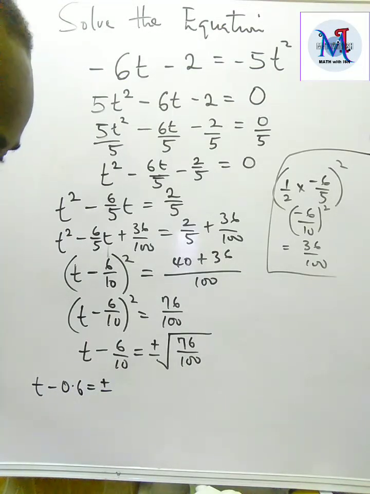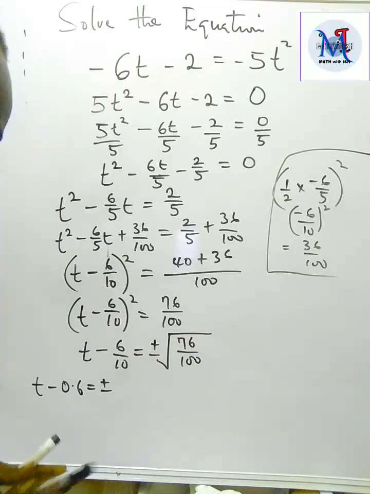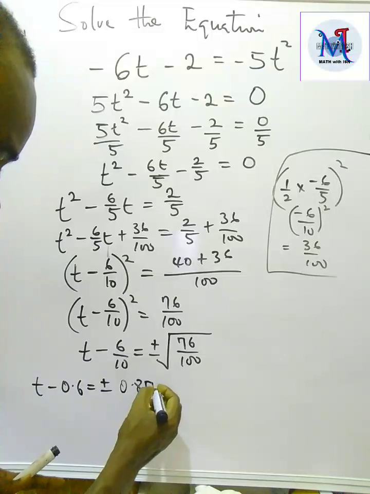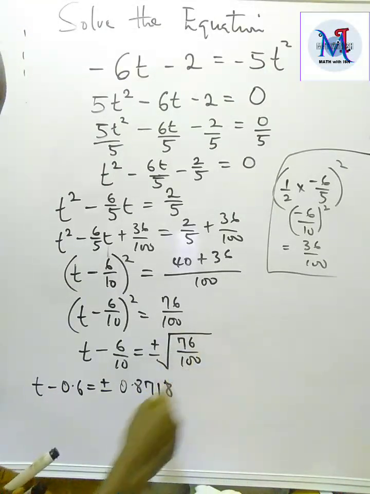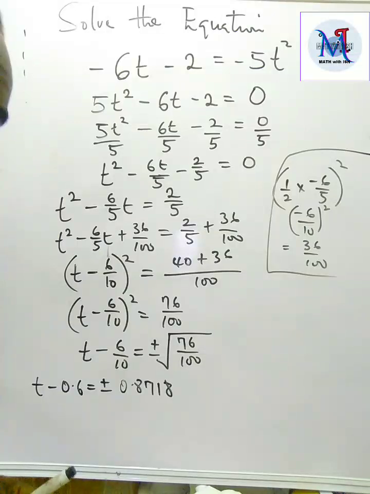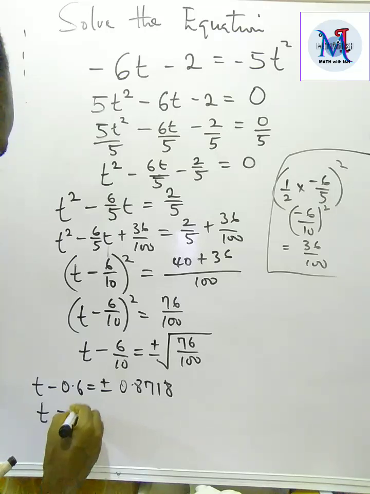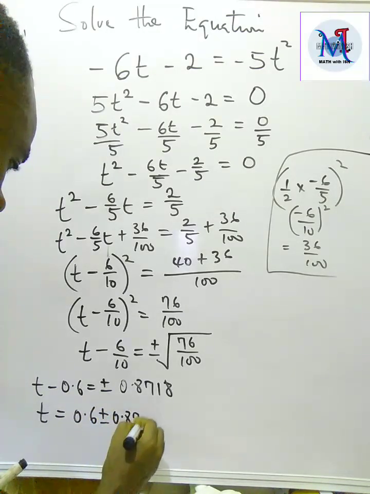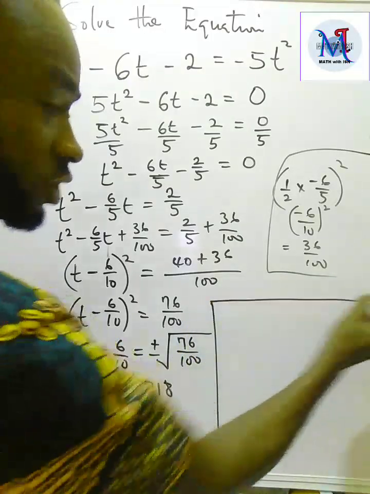Using our calculator, if we do this whole thing here, that will give us 0.8718. So we can now take this one down here, and it becomes 0.6 plus or minus 0.8718.